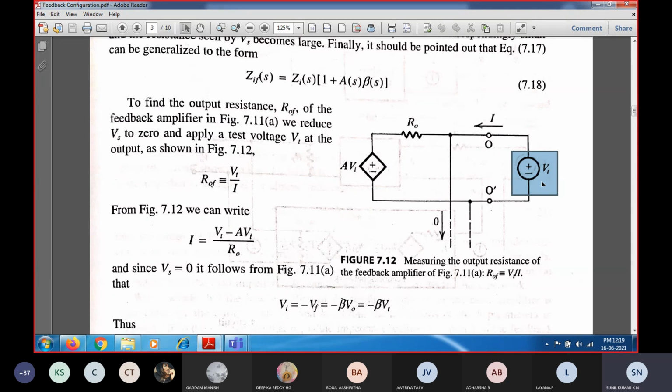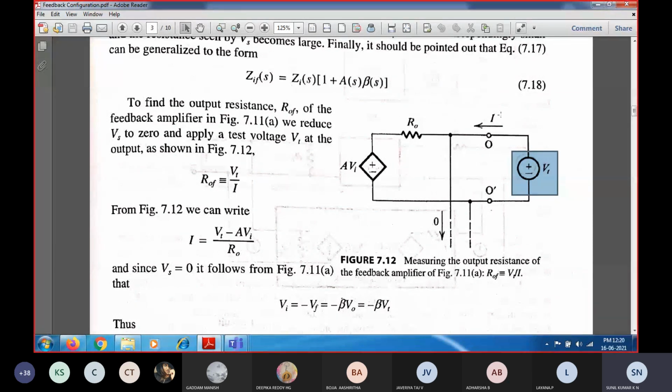Only the main amplifier input signal source voltage has been reduced to 0, whereas the feedback voltage is still there. It is connected to the summer, so mixing of the feedback signal takes place, because the test voltage is provided at the output.